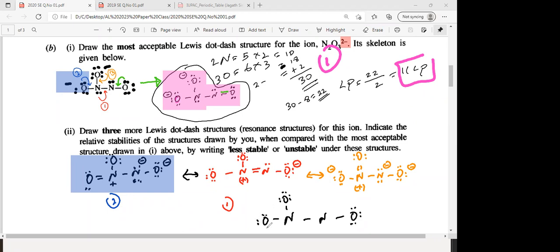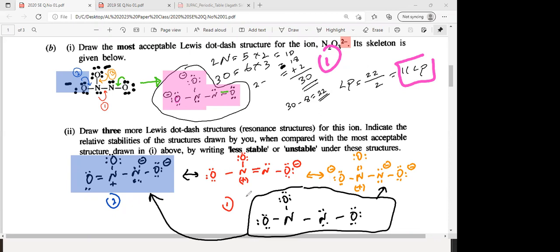So how many lone pairs are left after distributing these 9? Look at the screen now. I put a cage around this. This is very important. Then 2 more pairs are left. Either you can put both the pairs on this. Then you can get this one, and it's like this one and this one.